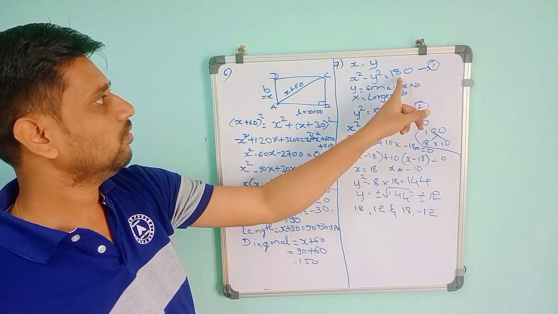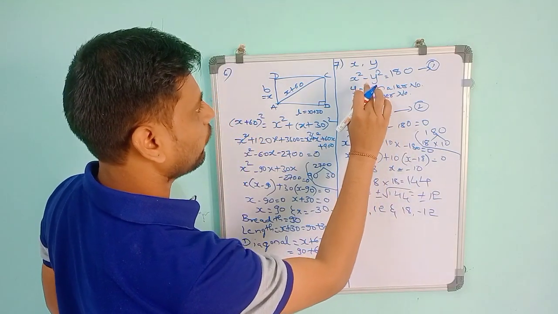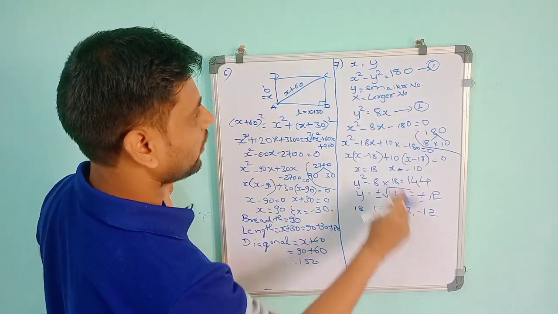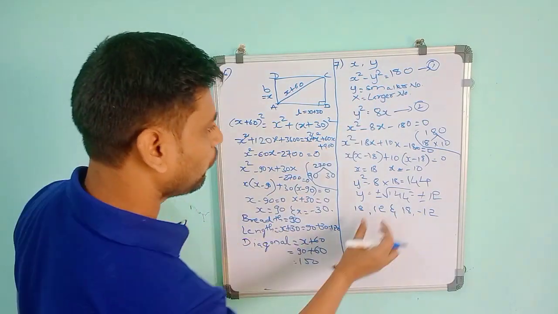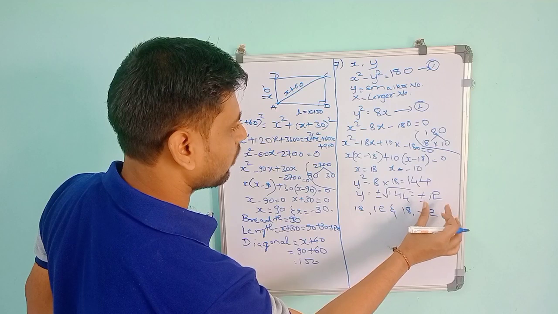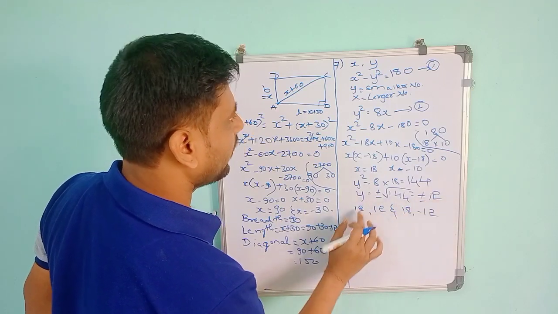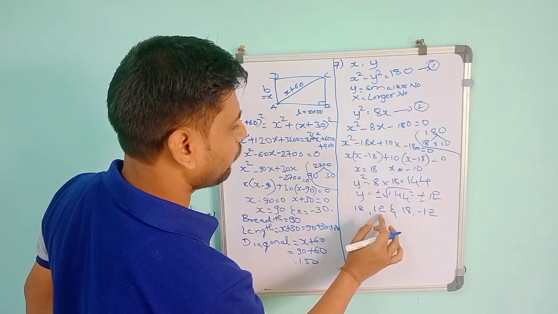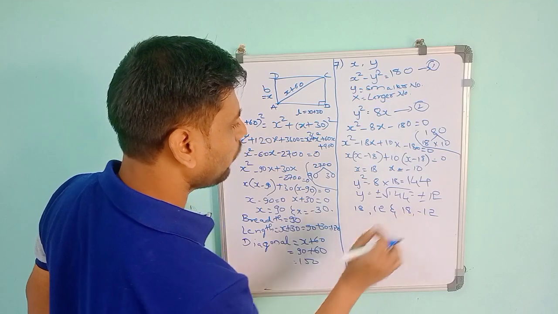It will give you 180. Both plus or minus 12 work because it is in square form. So x is 18 and y is 12, or y is minus 12.